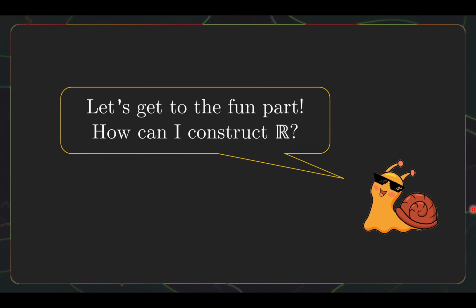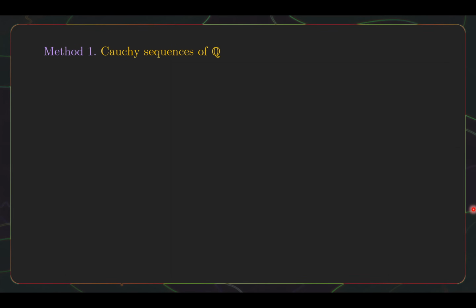How do I even know that such a set exists? In other words, is there a way I can construct R such that it satisfies the three properties that I've listed? So let's talk about a few ways that we can construct the real numbers.